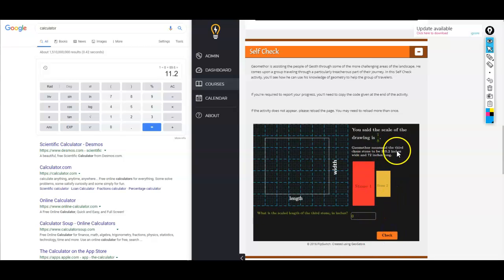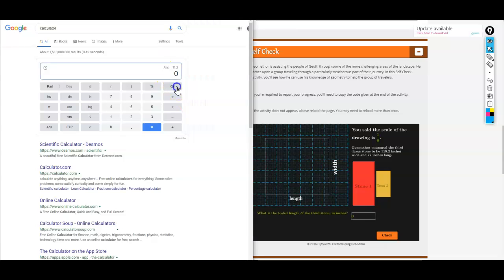Okay, Geomathor measured the third chaos stone to be 115 inches wide and 72 inches long. So we're going to find out what is the scaled length of the third stone. So our scale is 1/8. We're going to multiply that by the actual length that was measured, which was 72.